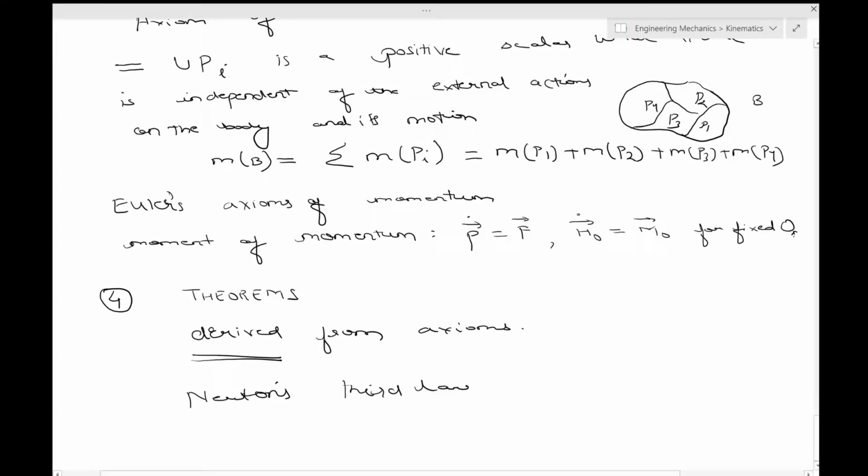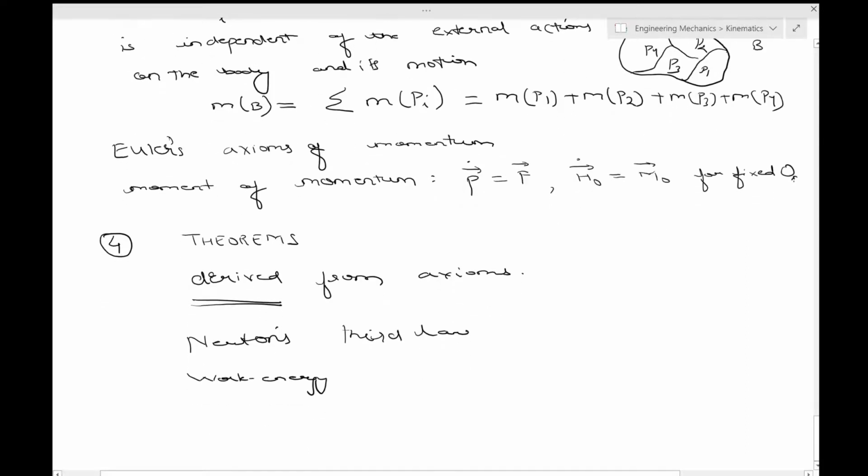You will have the work energy principle for C. C, remember, was the center of mass. So remember this definition that F is equal to M A_C.